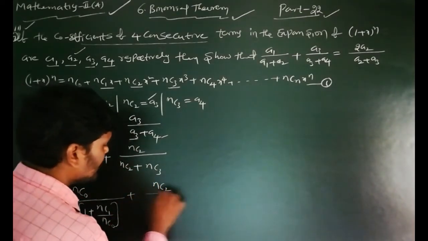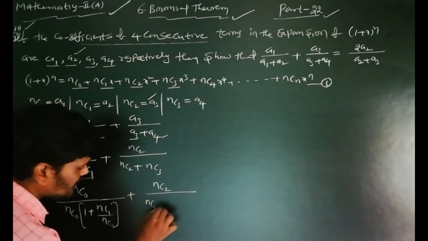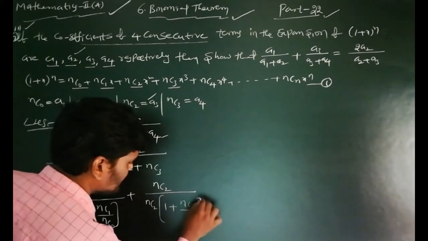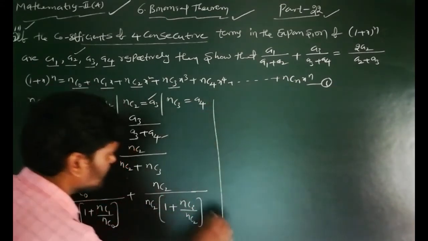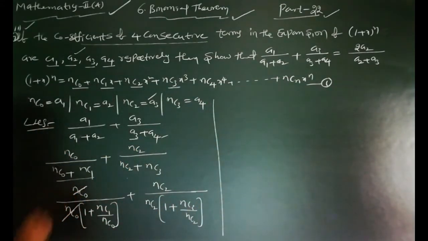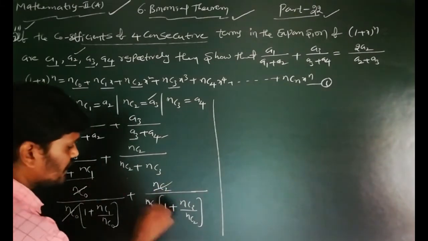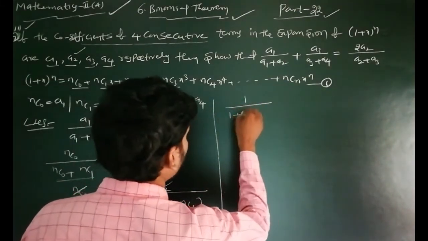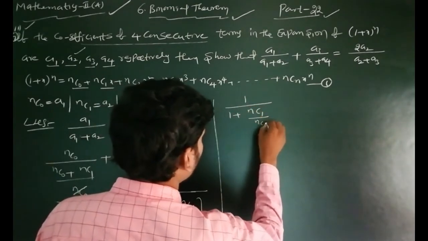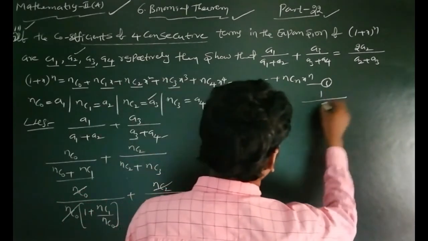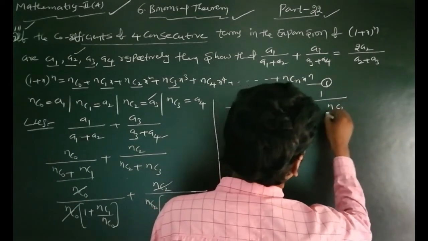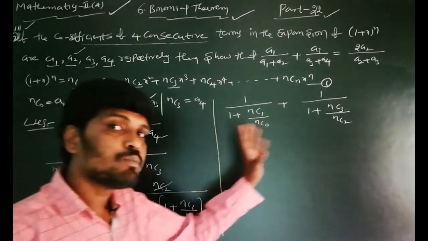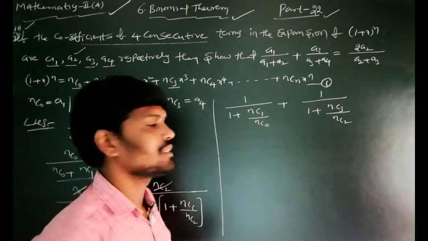Similarly, in the second denominator you can take nC2 common: (1 plus nC3/nC2). After that nC0 gets cancelled and nC2 gets cancelled. Then we go to 1/(1 plus nC1/nC0) plus 1/(1 plus nC3/nC2). Already explained in last classes.